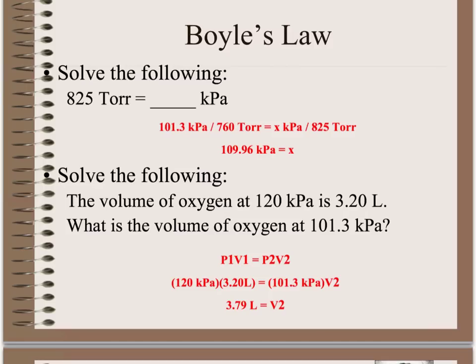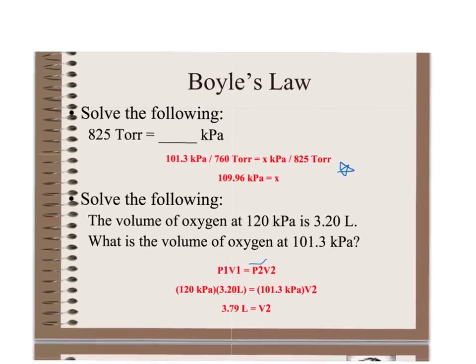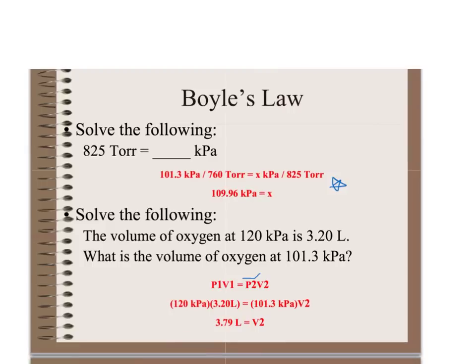And here is a practice problem. And you can look at how it's set up here. Or I'm going to squeeze this down and I'm going to work it right above here because I think it's slightly confusing the way it is there. So let's use a green color here. All right, it's asking you to convert from 825 torr to kilopascals.